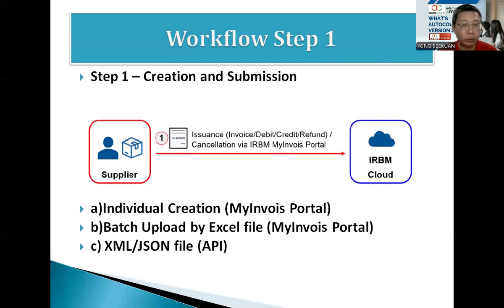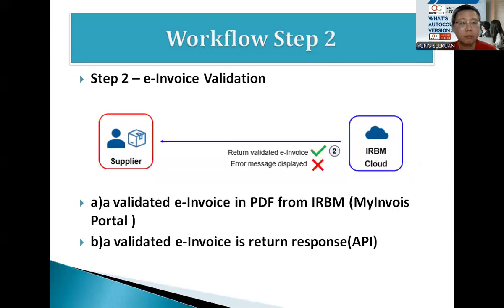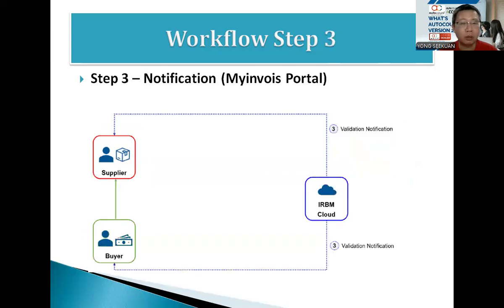First step, you create the e-invoice in your system. Then send it to the MyInvois portal, the IRBM cloud server. So either use the MyInvois portal, Excel, or the API. Secondly, the MyInvois portal will return the message either valid or invalid. Third, the MyInvois portal will send a notification to your buyer or the supplier, by email.